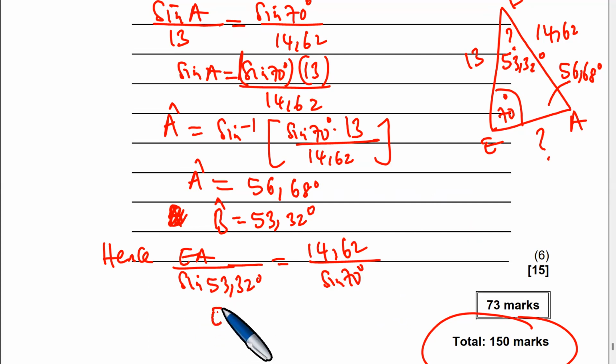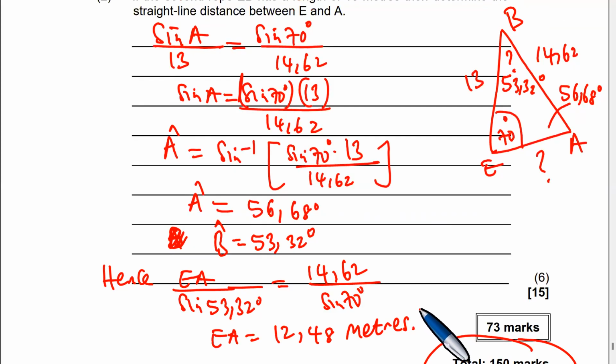Without wasting time, we cross multiply and use our calculator, and EA becomes 12.48 meters. And therefore, this is the answer to the question.